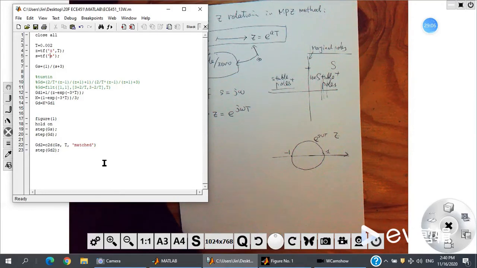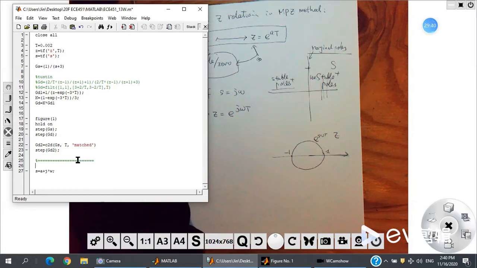This first part is just for the method. Now we go to the second part. I want to see S equal to some A plus j times omega.